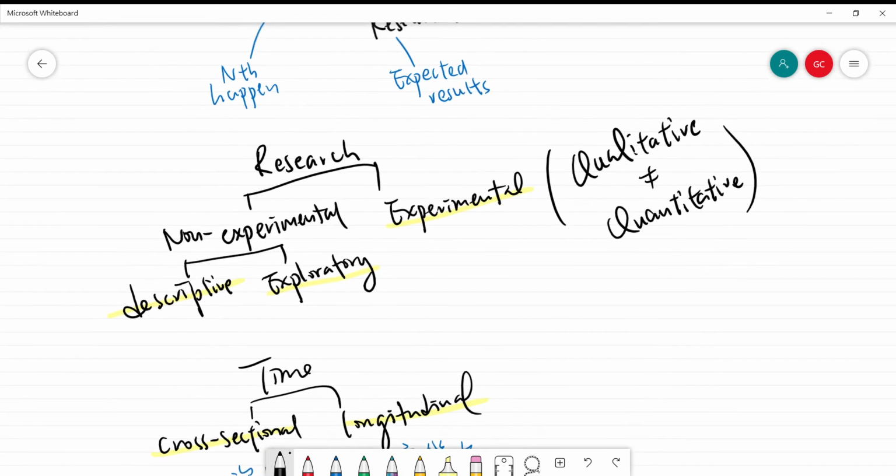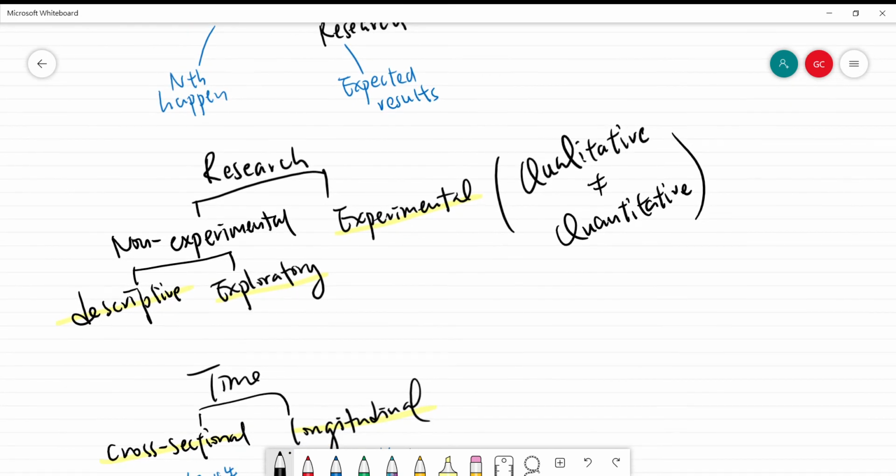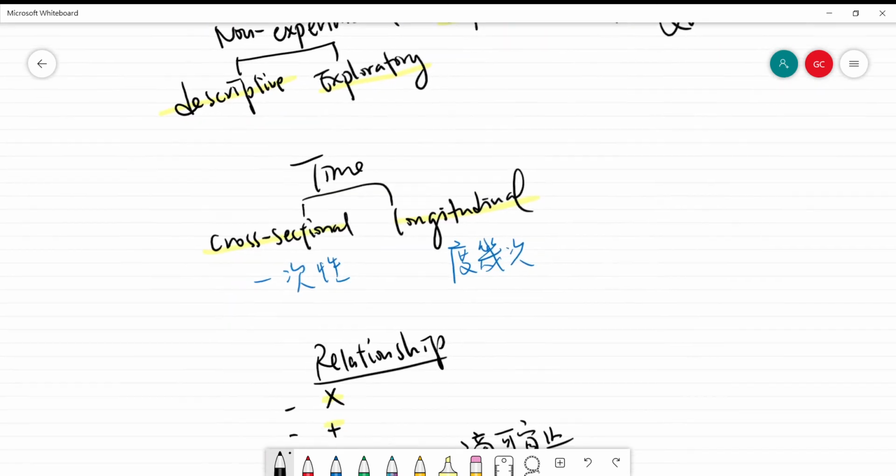And the other kind of research is the experimental. That means the scientists need to conduct some qualitative or quantitative experiment. So what is meant by the qualitative or quantitative research, I will talk about in a later lecture.